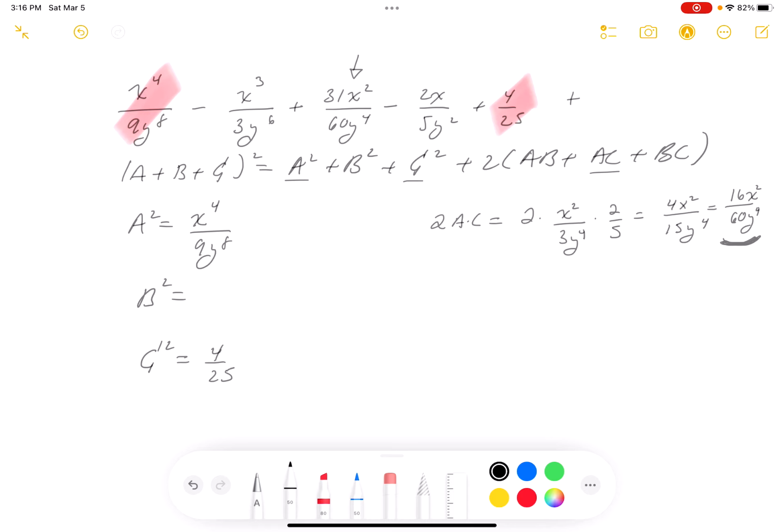So I'm going to take that 31x squared over 60y^4, and I'm going to break it into two separate terms. Let me write this down as 16x squared over 60y^4 plus 15x squared over 60y^4.